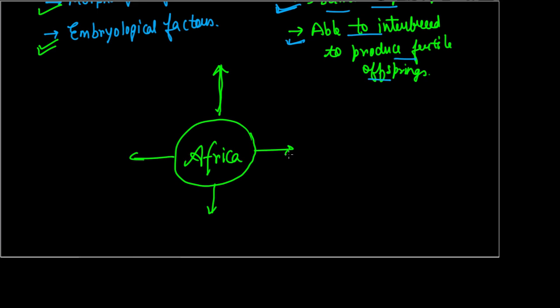Obviously, they were not traveling for the sake of traveling. It was because they wanted better living conditions, better standards of living, better livelihoods, etc. And for that, they went to different parts of the world to find a better habitat. Some were in Africa, some went to Asia, some went to the Americas, some went to the Philippines.